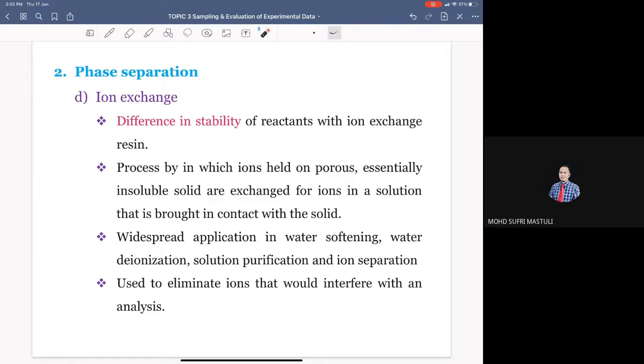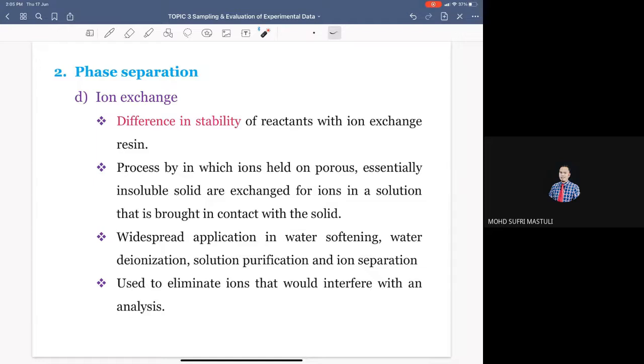During the process, ions will be held on the pores of the resin. Essentially, an insoluble solid is exchanged with the ions in the solution that is brought in contact with the solid. The application is normally in water softening and water deionization.